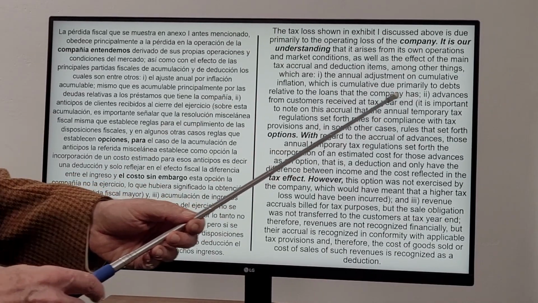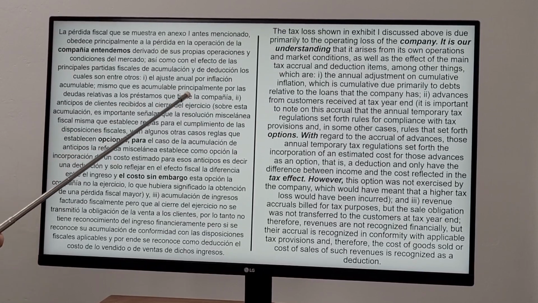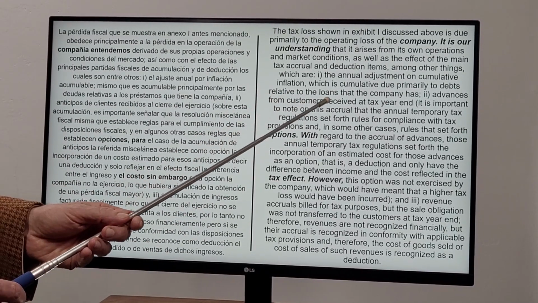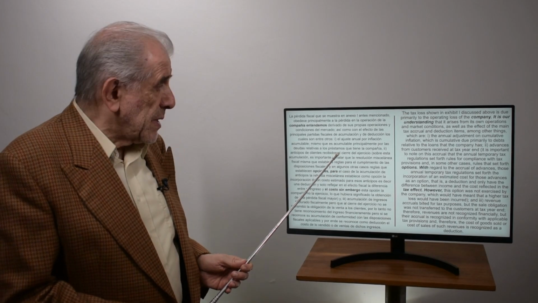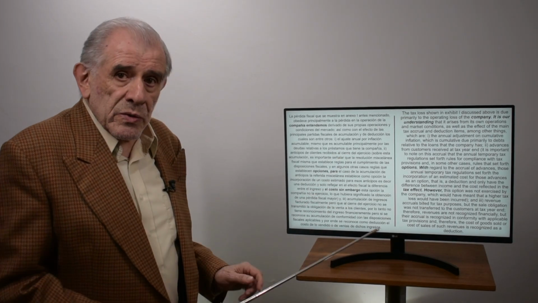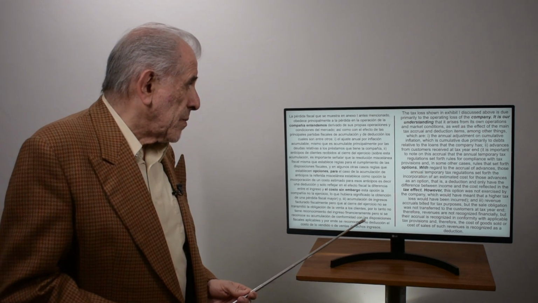In this type of situations, we use a semicolon in English. And we continue. Anticipos de clientes recibidos al cierre del ejercicio, advances from customers received at tax year end. And then we have parentheses. We open our parentheses here, and we're not going to close them until we get all the way down here. So take note.